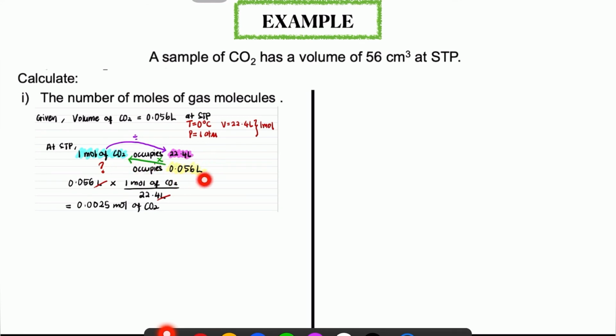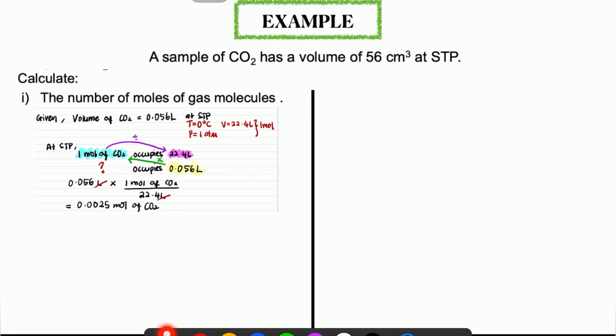If 0.056 liter, how many moles is it equivalent to? So 0.056 liter times 1 mole of carbon dioxide divided by 22.4 liters. So you will get the moles of carbon dioxide is 0.0025 mole of carbon dioxide.